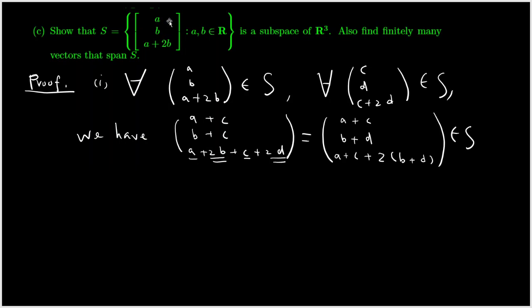The first component can be any number, the second component can be any number, the third component is the first component plus twice the second component. As long as you see that property, it's a vector in S, of course.